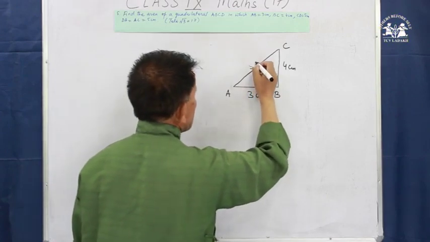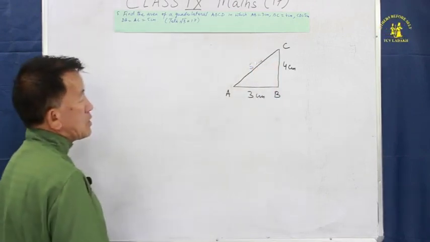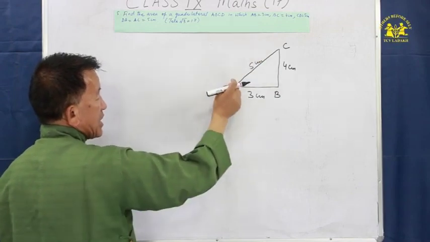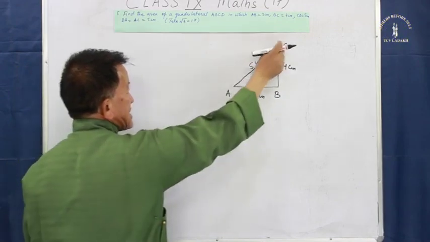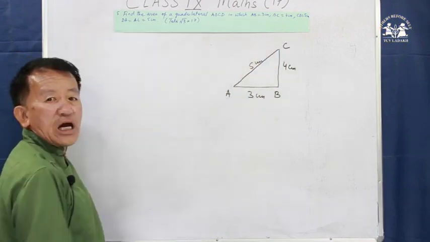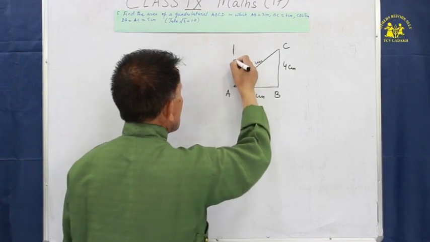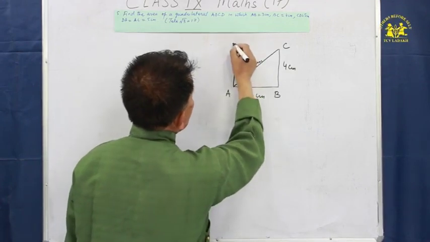So what we can conclude is that the triangle on this side, triangle ACD, is going to be an equilateral triangle. So let's say this is the approximate.